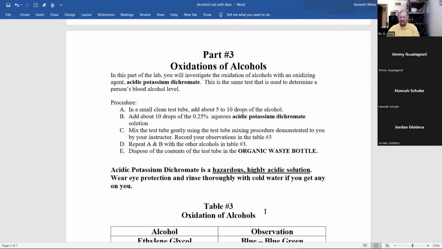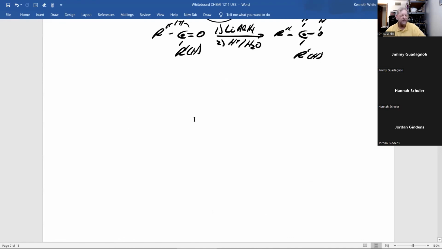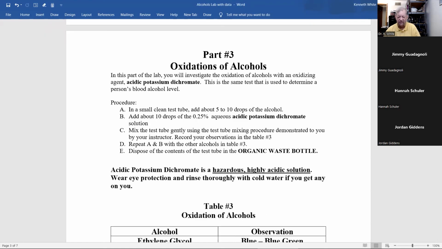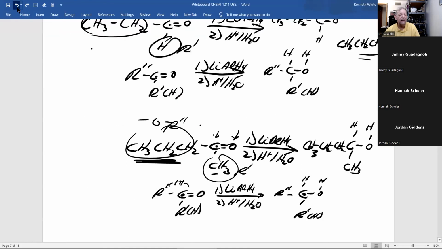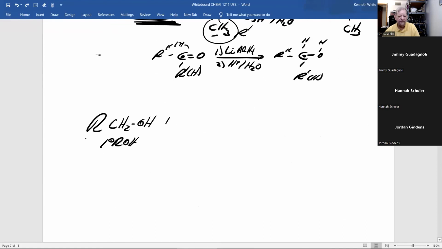Now, here's what I have to teach you. Primary alcohol plus sodium, or am I using potassium dichromate? Which one do I have in the lab here? Potassium. Both work identically.